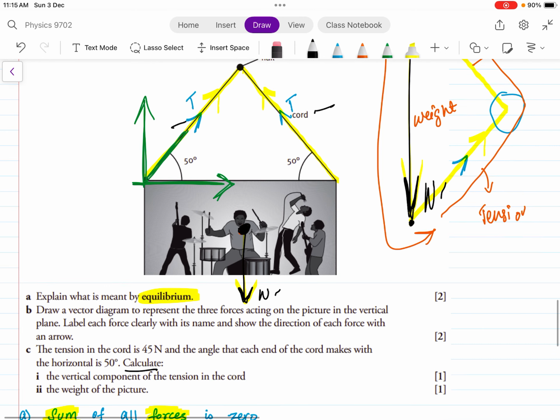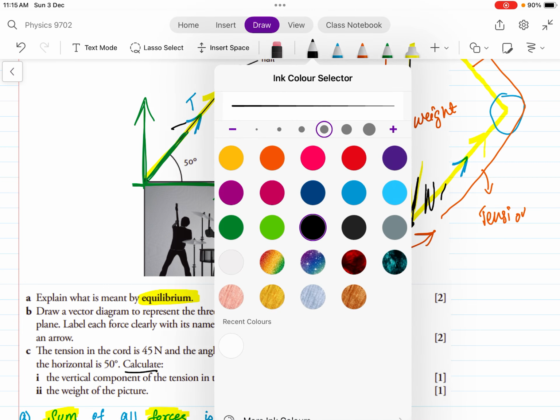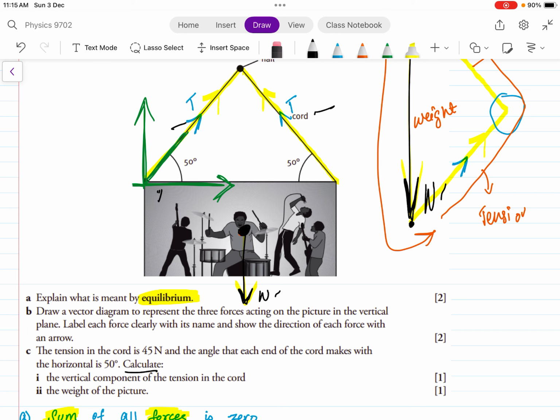Horizontal is once again cos because it's along the angle, so T cos 50, and this is T sin 50. Similarly, this would be the vertical component, this would be the horizontal component, right? So this is once again T cos 50 and this is T sin 50.